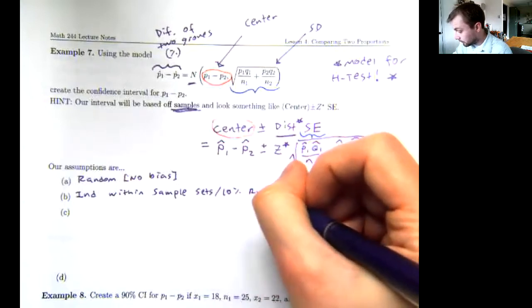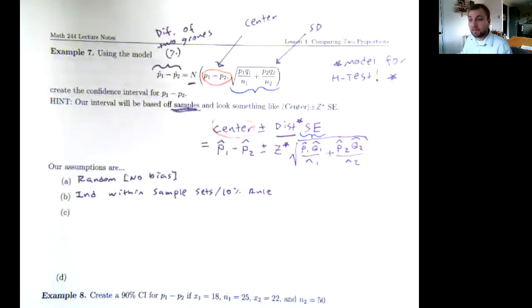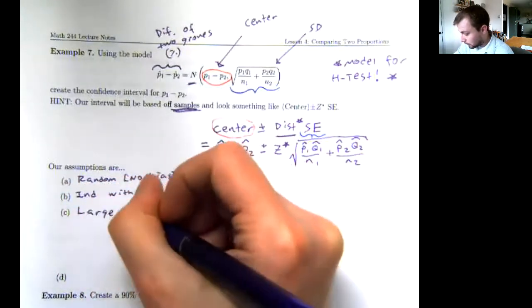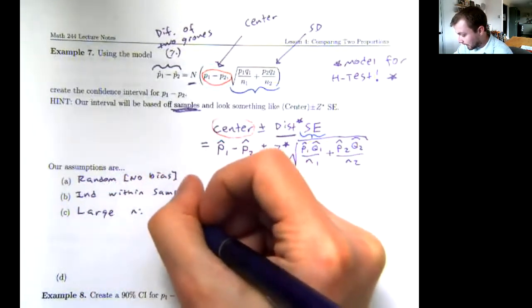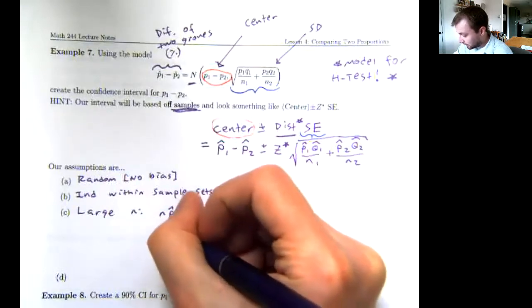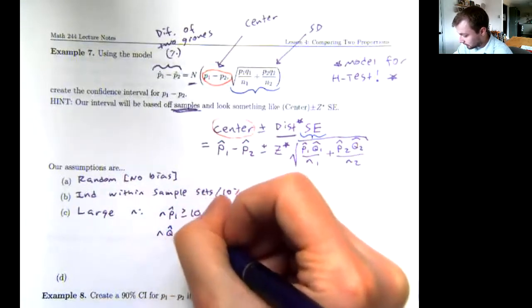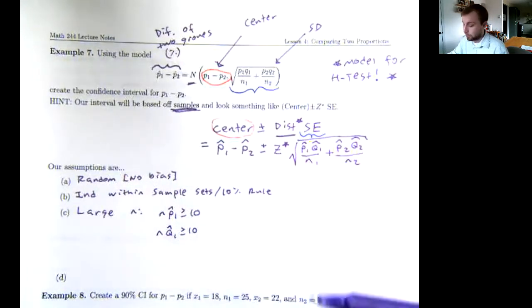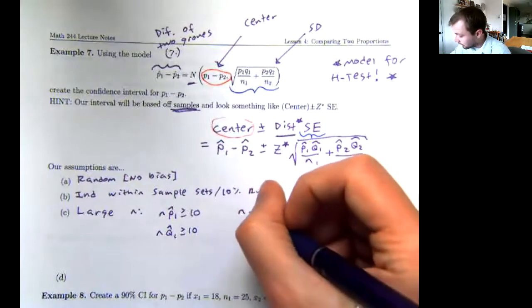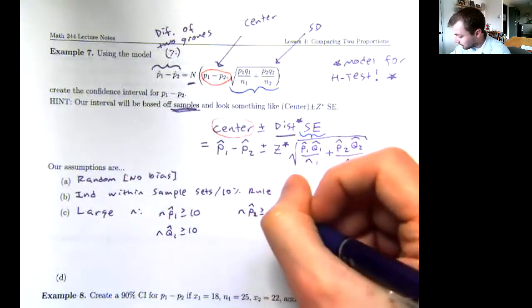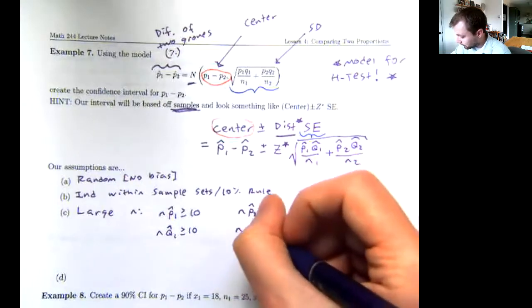I have the 10% rule. And lastly, I have large n. Large n was I wanted to have at least 10 successes and at least 10 failures. But I need 10 successes and 10 failures for the first group, and I also need 10 successes and 10 failures for the second group.